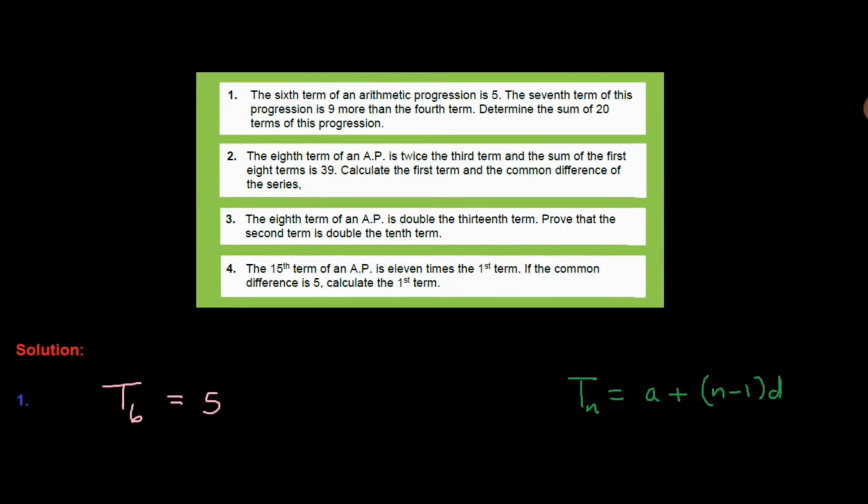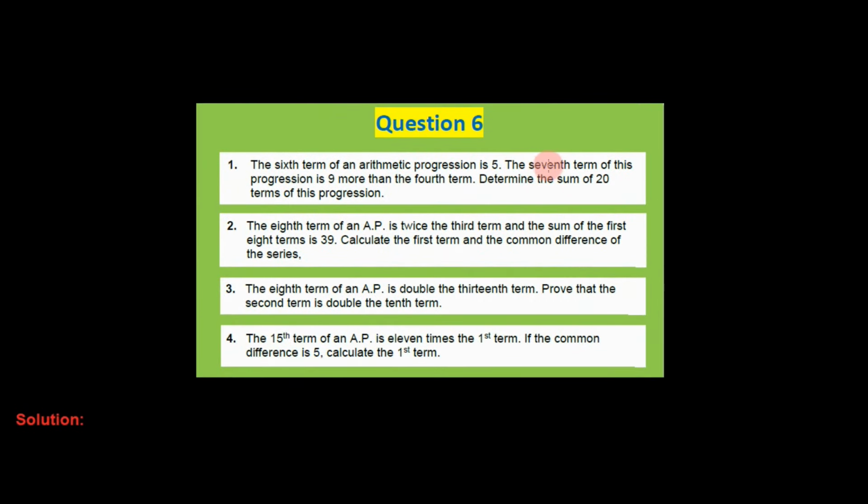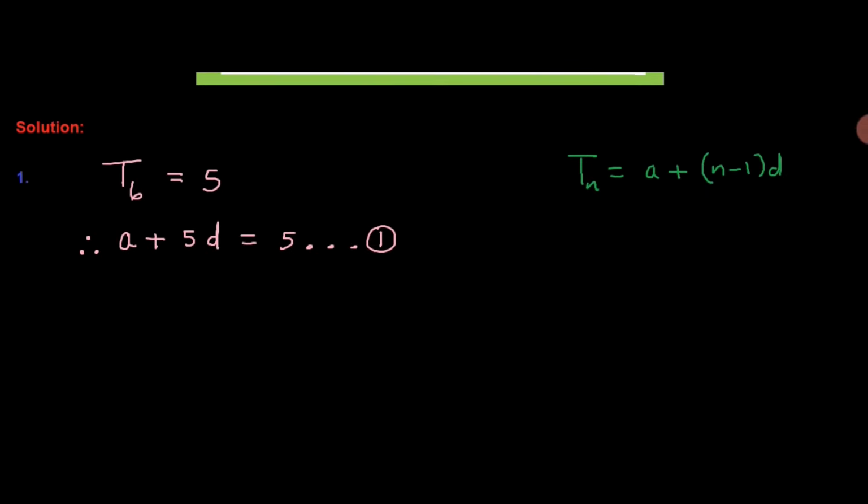Now, the second bit of information says the 7th term is 9 more than the 4th term. So t7 is t4 plus 9. The 7th term is 9 more, in other words, plus 9, 9 more than the 4th term. Once again, we can write this equation in terms of a and d.